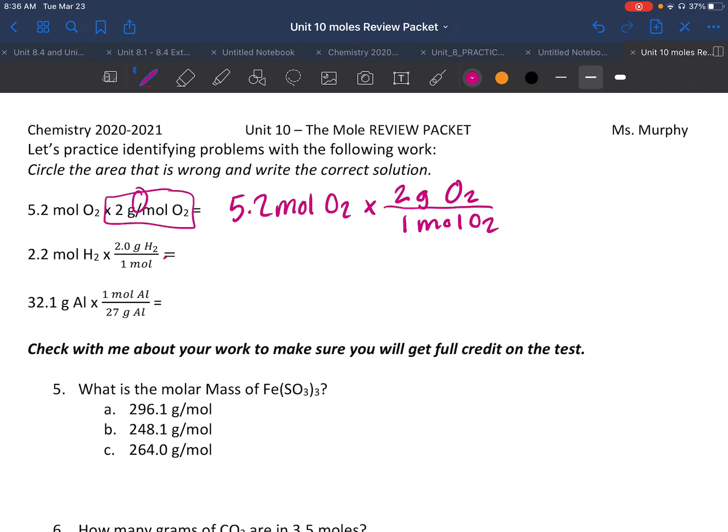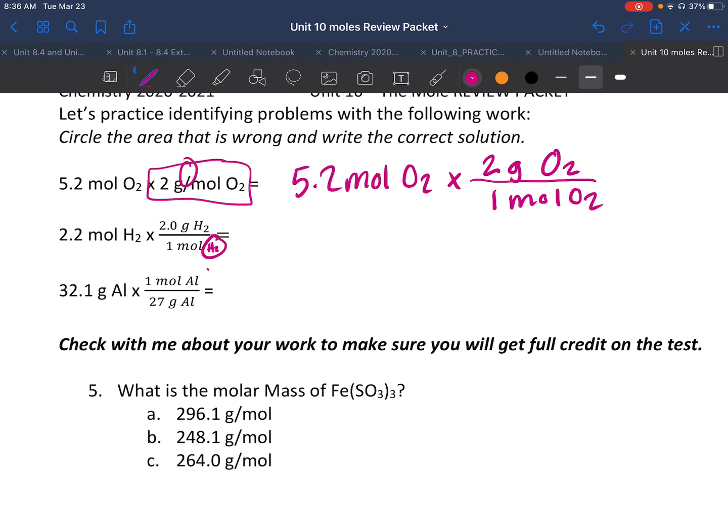The second one here, we're just missing that H2 on the bottom. Third one here, this one was a little tricky, but when we're dealing with molar masses, which is this type of conversion fraction here, is it rounded to the tenths place? No. So what should be there is 27.0. So this should be 0.0 after that 27.